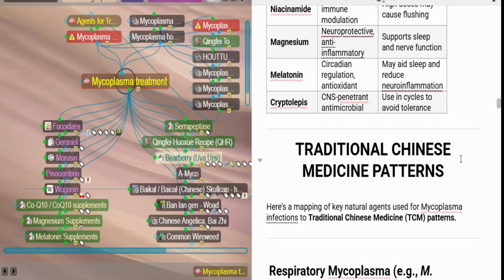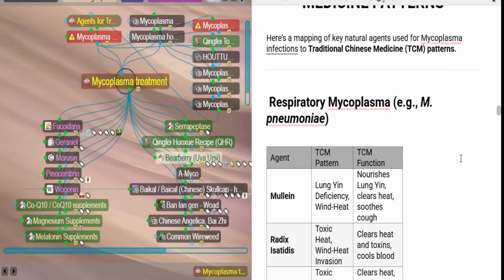So here's a mapping of key natural agents used for Mycoplasma infections according to TCM. For respiratory, Mullein, and the TCM pattern here is lung yin deficiency and wind heat. The TCM function is it nourishes lung yin, clears heat, and soothes cough.